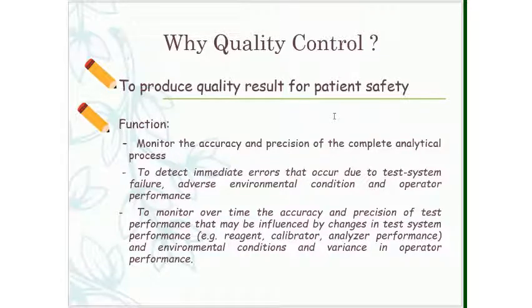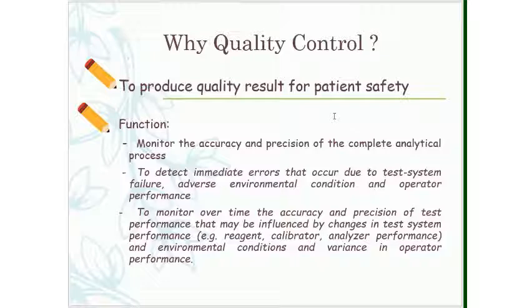For example, if the patient has end-stage renal failure and needs to be on dialysis, however the laboratory produced a normal renal profile instead of abnormal, this will lead the doctor to not perform the dialysis on the patient and could endanger the patient's life.